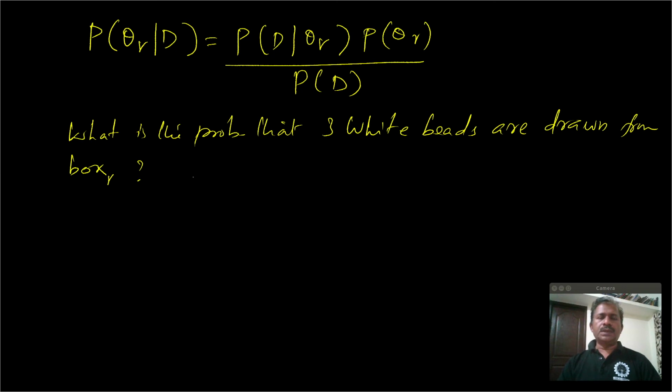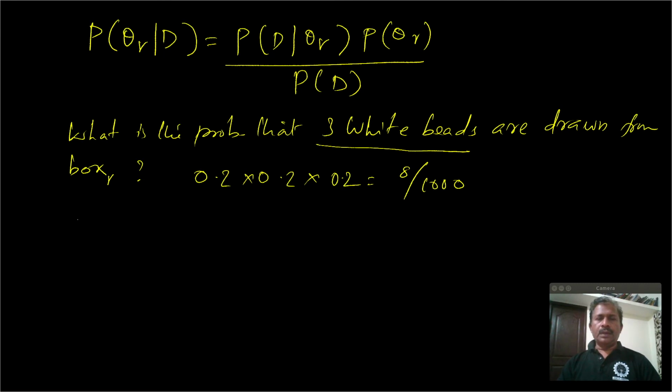We have seen that picking a white bead from the red box is 0.2. So picking 3 white beads in a row from box red is 0.2 multiplied by 0.2 multiplied by 0.2, which is equal to 8 divided by 1000.